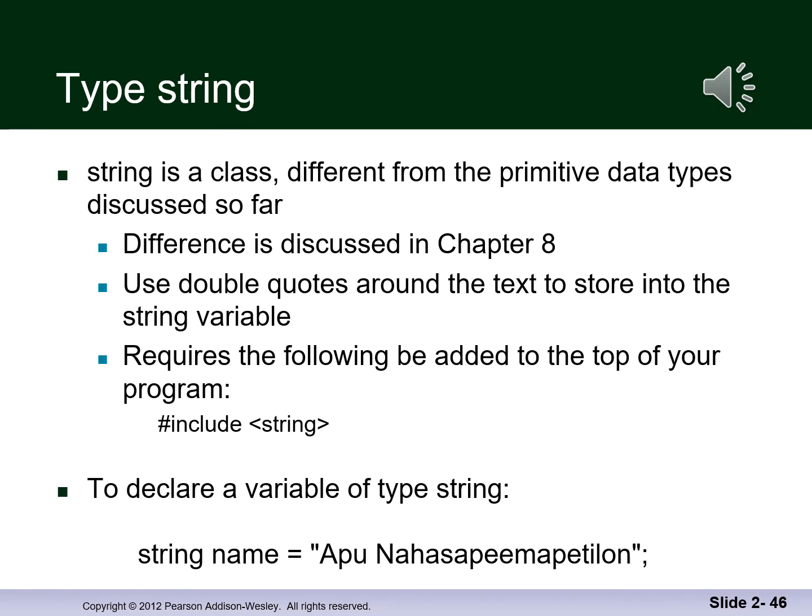If you're going to declare and use strings, you have to include the library for this string class, and that is #include <string>, as you see there. To declare a variable of type string, once the include statement is added, string, name, and then double quotes, and all of that name.